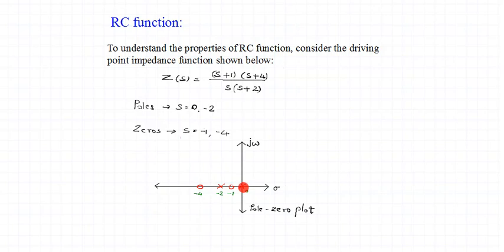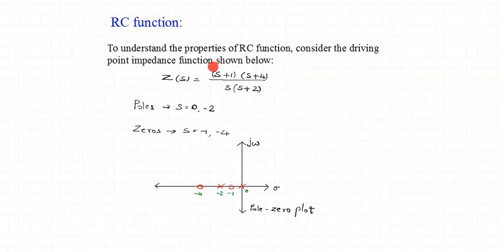Zeros are labeled with a zero symbol. So where are the poles? 0 and minus 2. So you could see here, this is your first pole, this is your second pole. So these are the two poles. Where are the zeros? One zero is at minus 1 and the other zero is at minus 4. So these are two zeros. So we have plotted the poles and zeros of the given RC function.